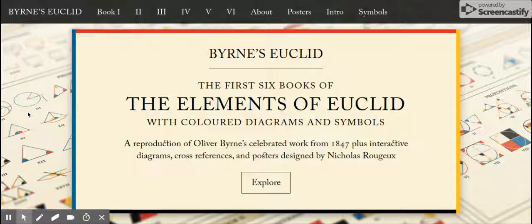Today I want to look at this version of the Elements of Euclid with colored diagrams and symbols. So this is, as it says, a reproduction of a book from 1847.